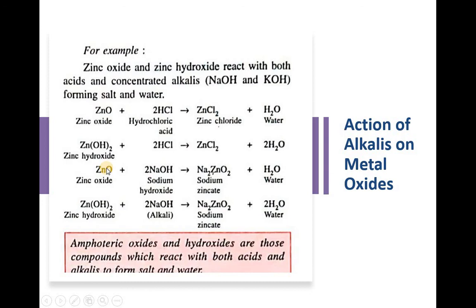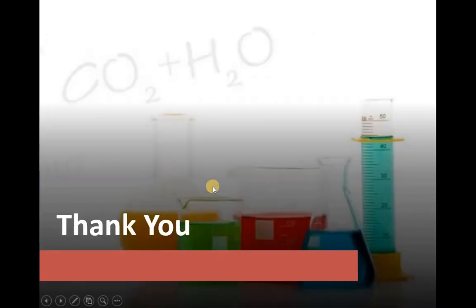Now zinc oxide and hydroxide, when they react with concentrated base, give sodium zincate and water. So amphoteric oxides and hydroxides are those compounds which react with both acids and alkalis to form salt and water. This is the end of the chapter.